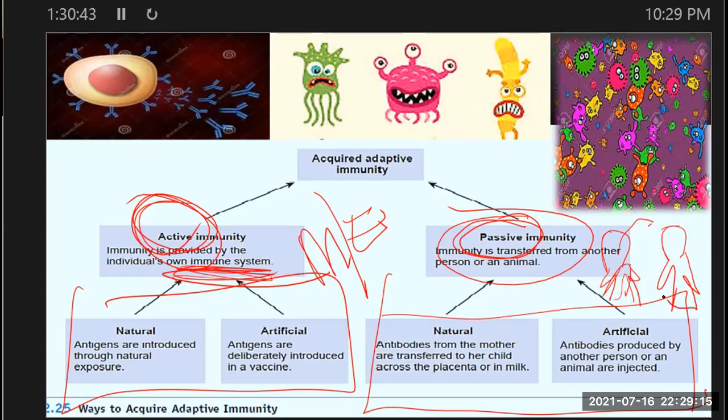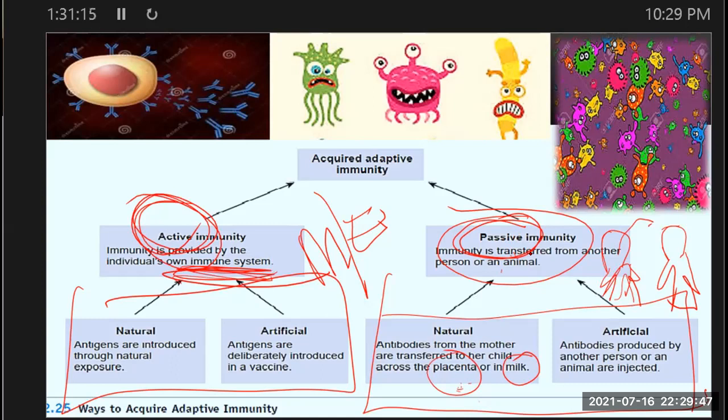That's your passive immunity. For example, infants can acquire antibodies from mother's milk or in utero. That is passive maternal transfer of antibodies to the baby. This is natural, but why passive? Is the baby's immune system producing the antibodies? No, they are coming from the mother. That's why it is passive.